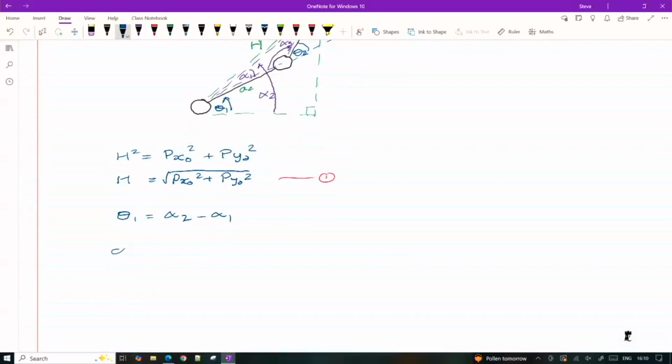So we can write alpha 2 equals arctan of py0 over px0. And we will call that our equation 2.